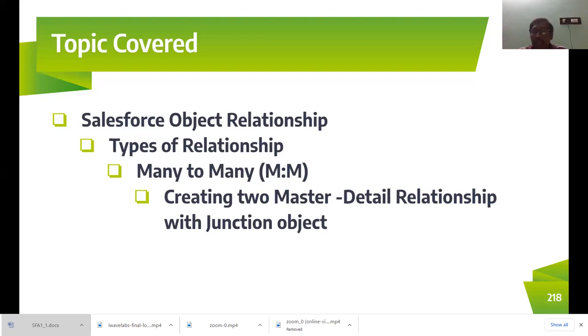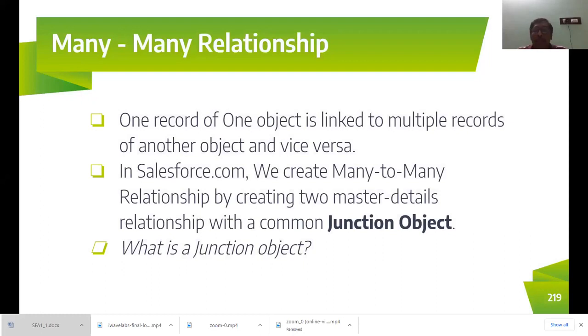That is going to act as a child object, right? So that is going to be the primary master and there is going to be a secondary master. In between this primary master and secondary master, we are going to have a junction object which acts as a child object basically between these two objects, right? You should know what a many-to-many relationship is.